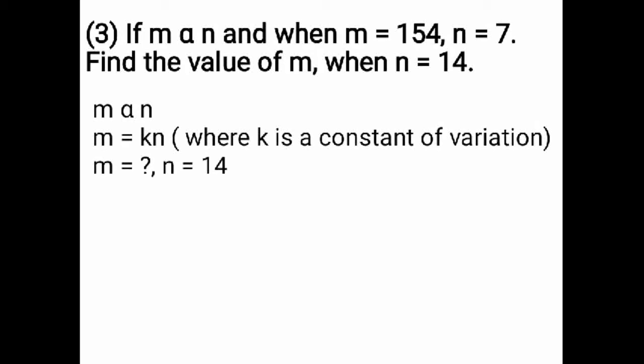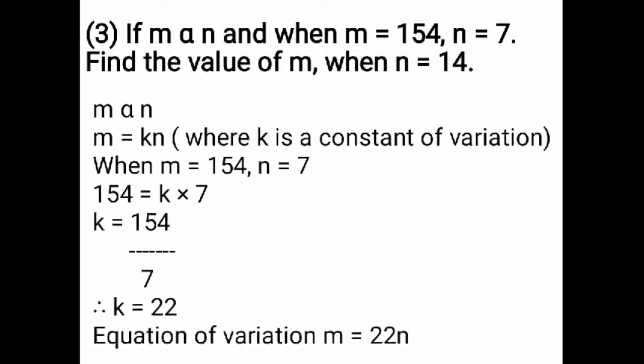M is equal to question mark, N is equal to 14. Your next sentence you have to read and you have to write that. M is equal to 22 into 14. K value I got answer 22, which I divided 154 by 7. The answer which I got here, 154 by 7, this is the K value.